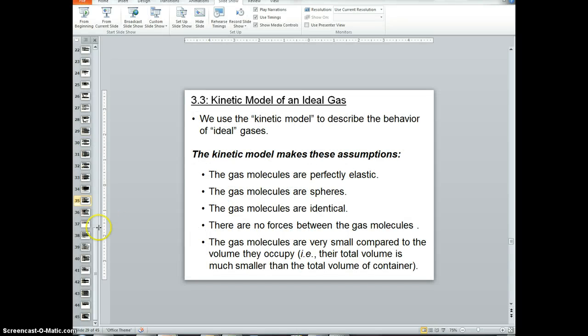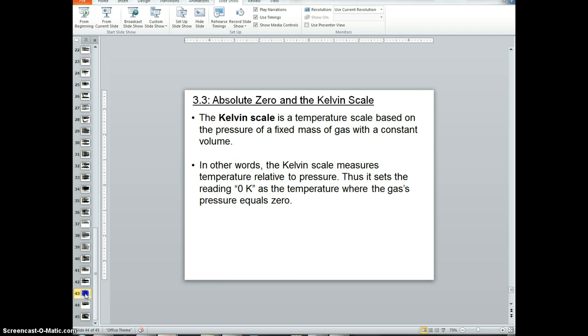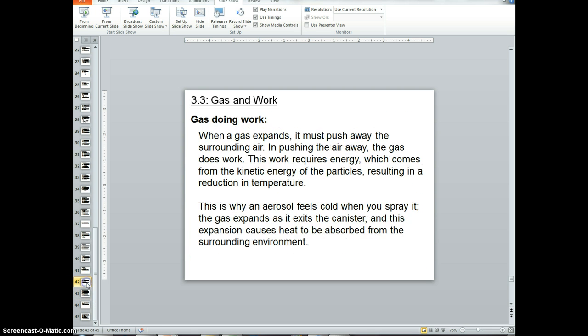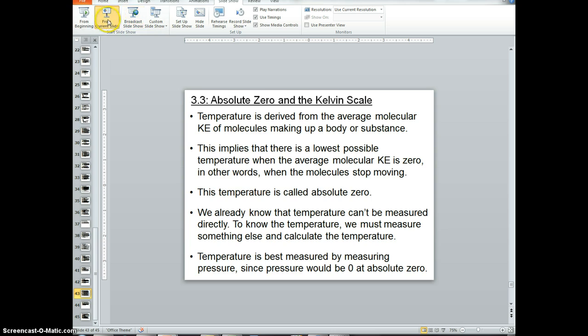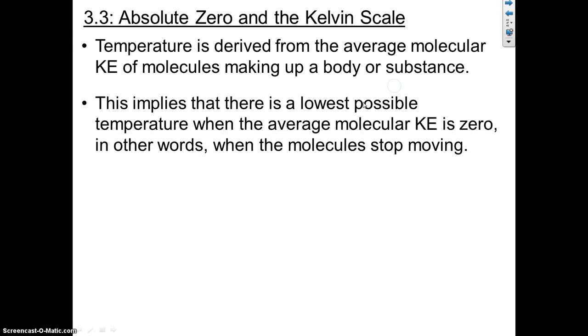Now, the last thing we're going to look at is some quick notes on absolute zero, and those begin here. Here they are. Temperature. We know this. It's derived from the average molecular kinetic energy of molecules making up a body or substance. But this implies that there's a lowest possible temperature, right?